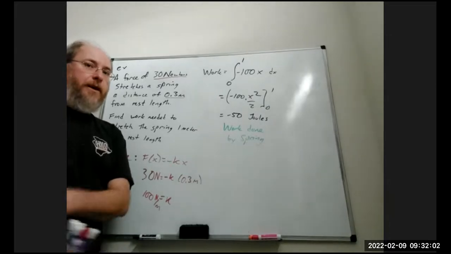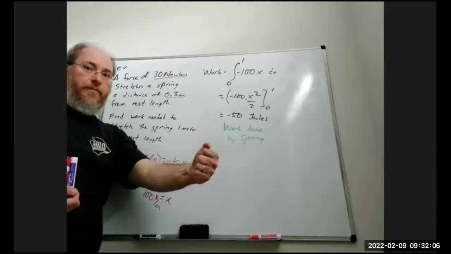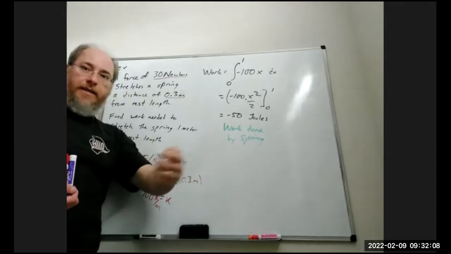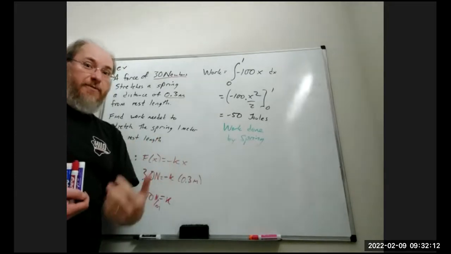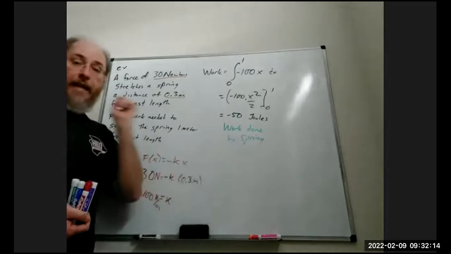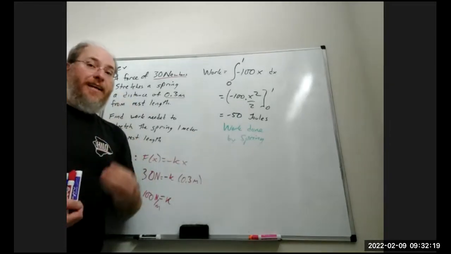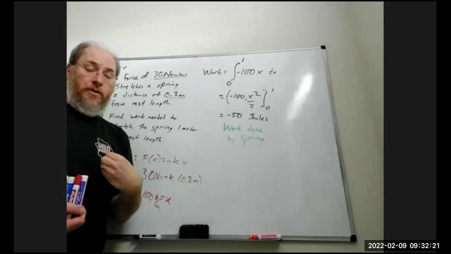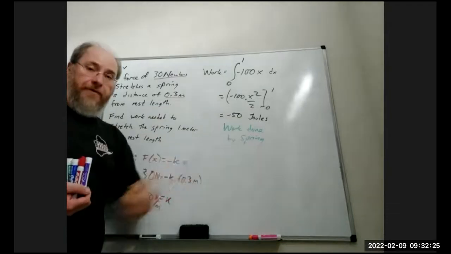So think about what's going on. If I'm stretching out that spring, what is the spring trying to do? It's trying to stay at its equilibrium. So it's actually applying a resistive force, which is why it did negative work. Now, if we want to talk about how much work I had to do to stretch this thing out, I did 50 joules of work.